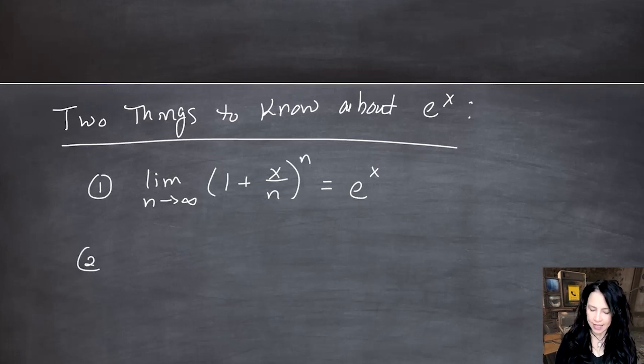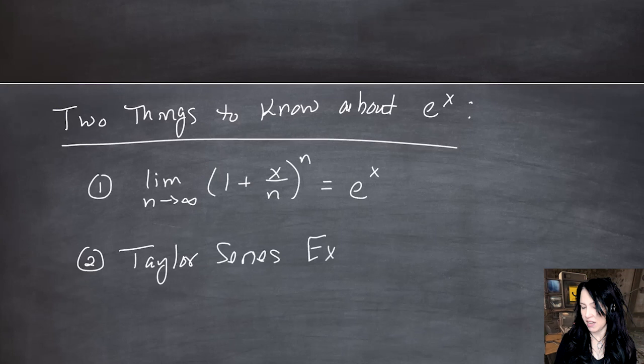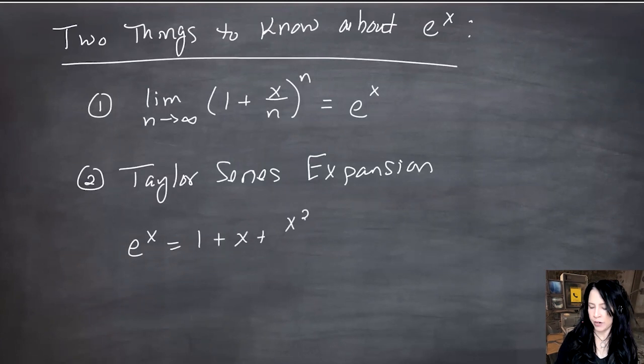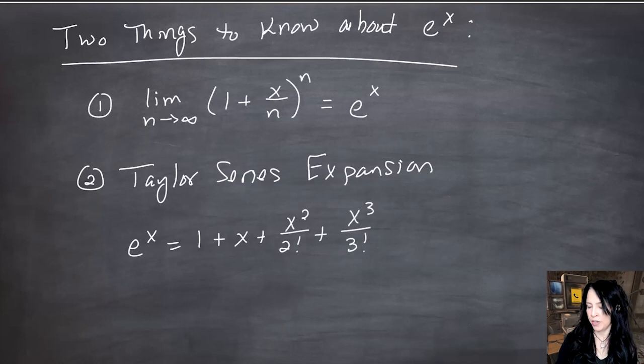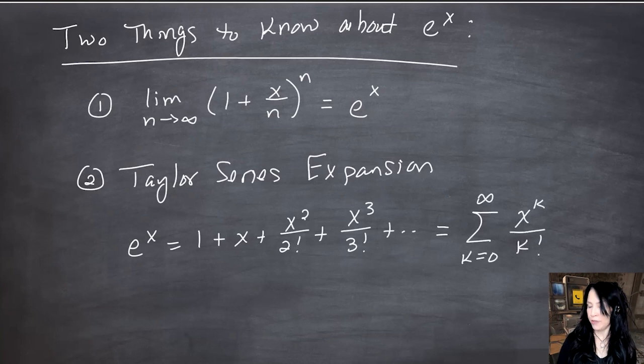And the second thing is the Taylor or Maclaurin series expansion. We're going to use this a lot. So e to the x can be written as 1 plus x plus x squared over 2 factorial plus x cubed over 3 factorial plus, and we can put this all together and say this is a sum as k goes from 0 to infinity of x to the k over k factorial.